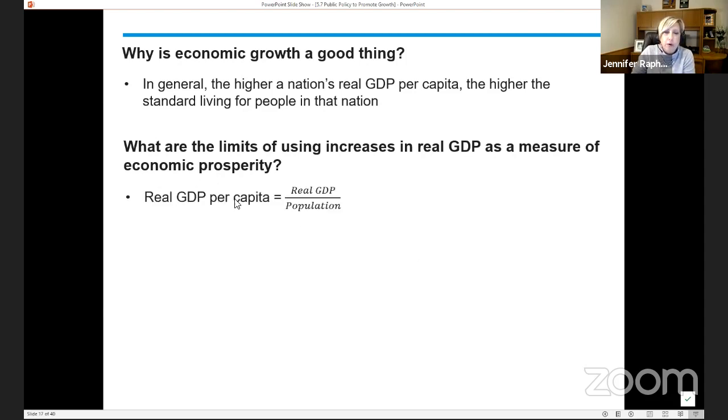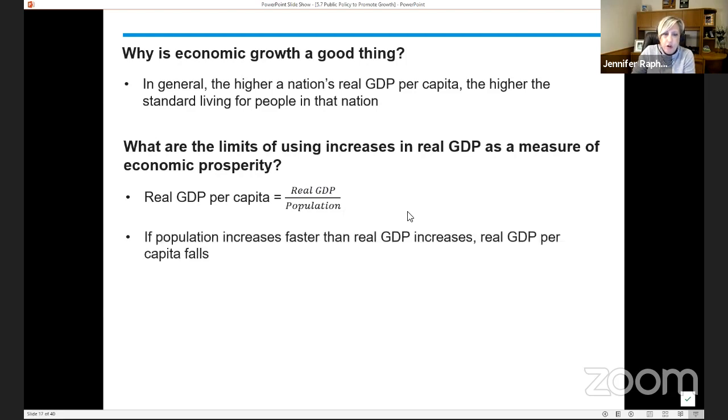So real GDP per capita is real GDP divided by population. So if the population increases faster than real GDP increases, then real GDP per capita can actually fall. So increases in real GDP is something that we look at as a way we measure the health of the economy. But if the population is growing at a faster rate than real GDP is increasing, then the real GDP per capita is falling.